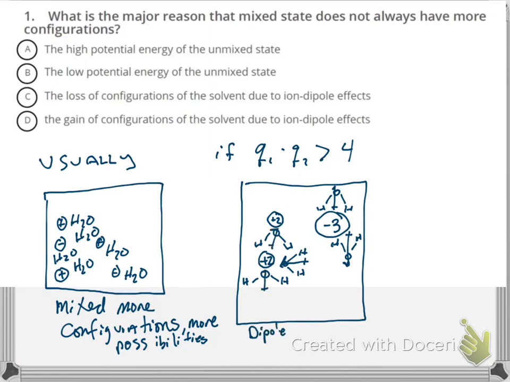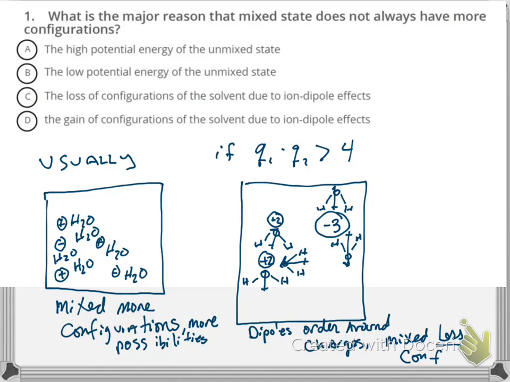And what that ends up doing is it lowers the configurations of water. So water, instead of having more possibilities of interacting with itself or with the ion, loses the interaction with itself and only interacts with the ions.